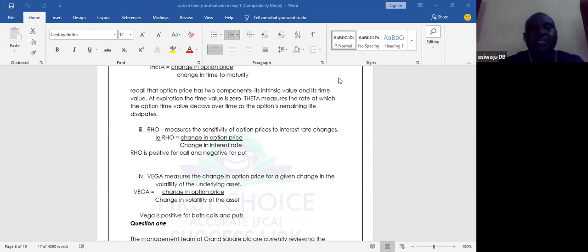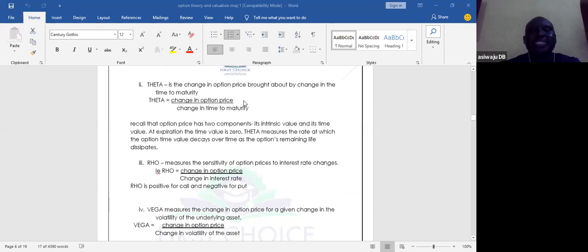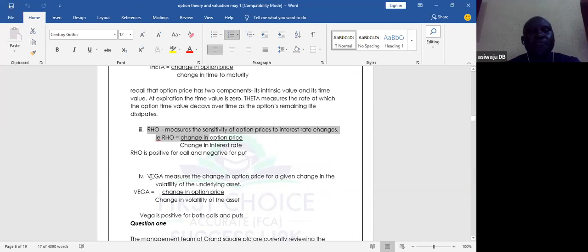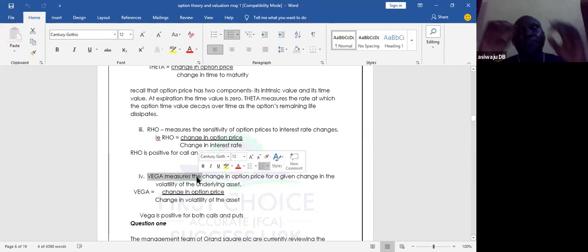I've explained theta. Theta is the change in option value as a result of change in time to maturity. I've equally explained rho as the change in option value as a result of change in interest rates. I've explained Vega as the change in option price as a result of change in volatility.